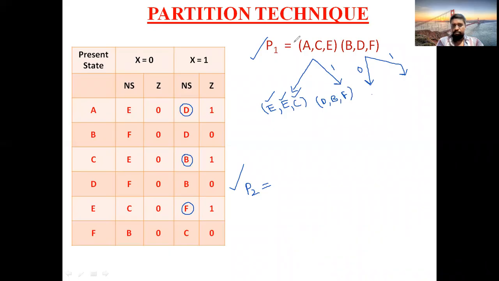Okay, like that you need to fill up. Okay, next. Okay, observe carefully. Very, very important this one. Okay, 0 successor E comma C, 1 successor is DBF.